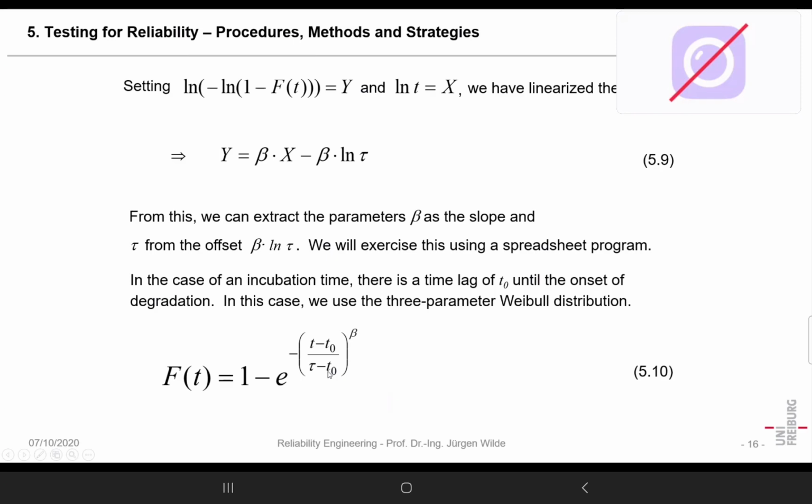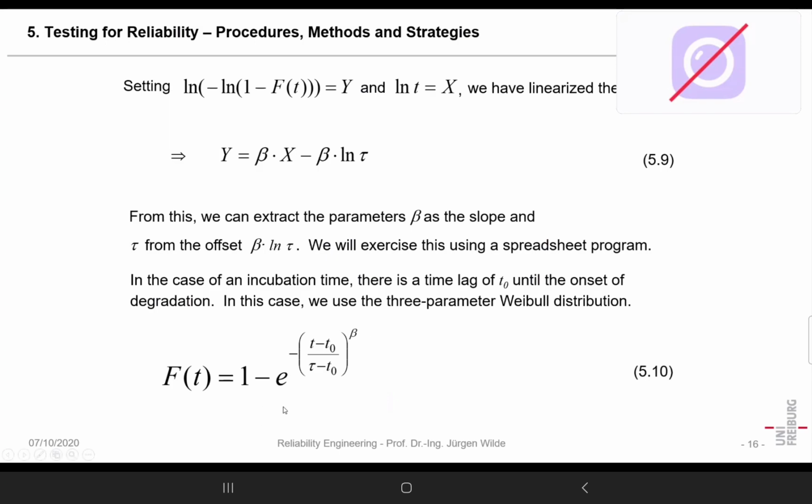But I think that's more convenient here. You can say you take the curve, and in your curve you can sometimes see that before a certain time nothing happens. You say before, let's say 1000 cycles, there are no failures.